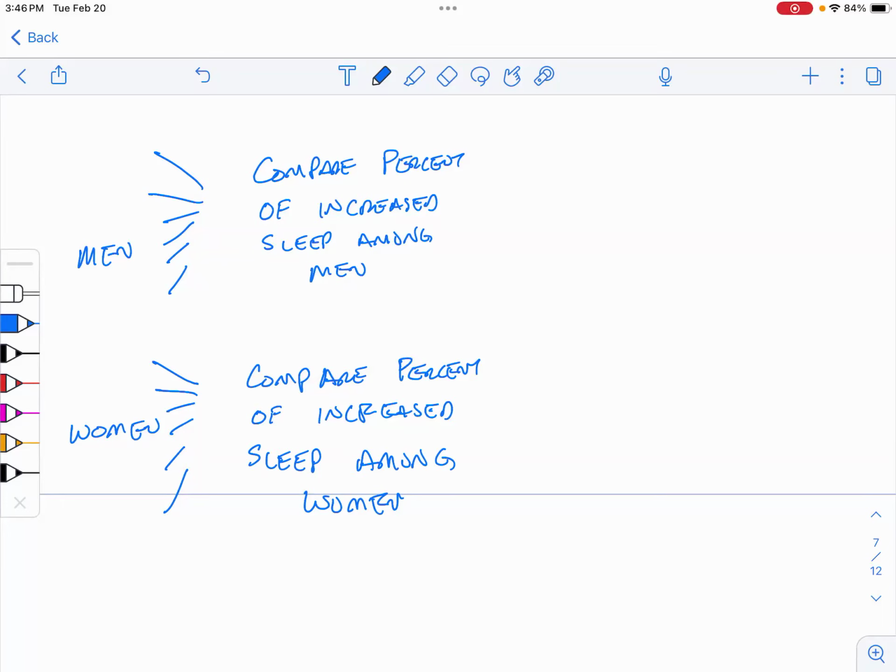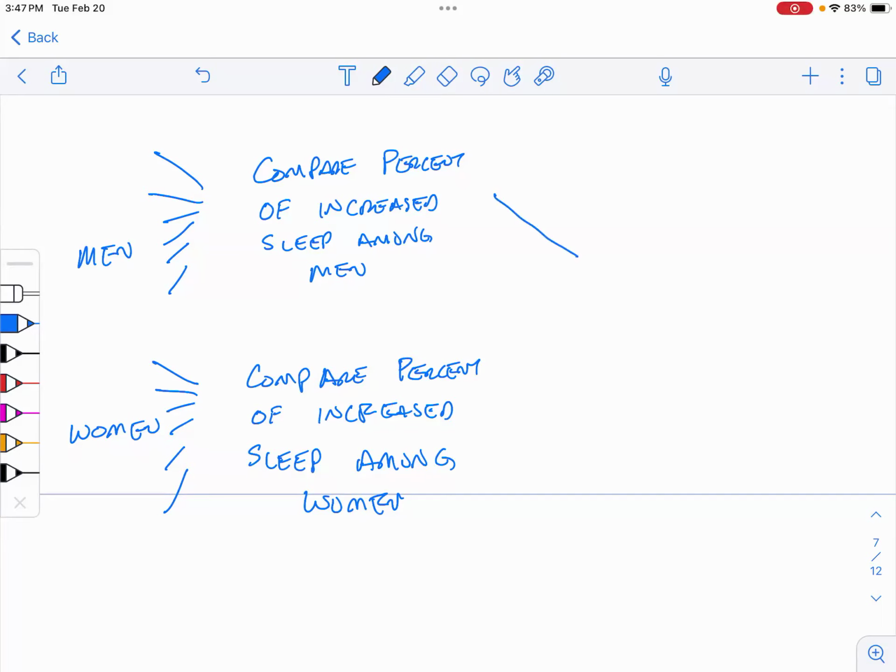And then, just like we do over and over, the concept of independence. If I have the average percent of increased sleep among men and the average percent of increased sleep among women, what do you think I should do with those two numbers? Compare. Yeah, then we can compare them to each other.